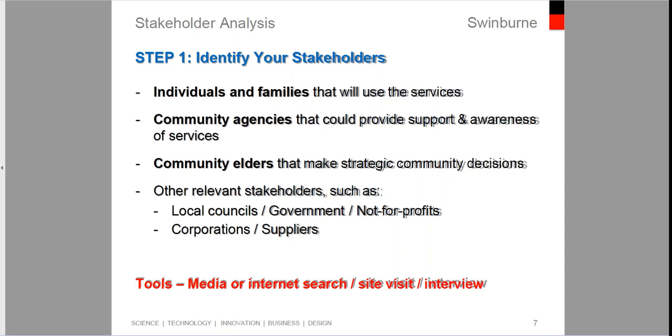So there are a lot of media or internet resources regarding different communities and how they behave. These resources, articles, reports and websites, provide necessary information to identify the relevant stakeholders, how they behave, etc. And also we can physically visit the site, the community, and engage in face-to-face conversation.